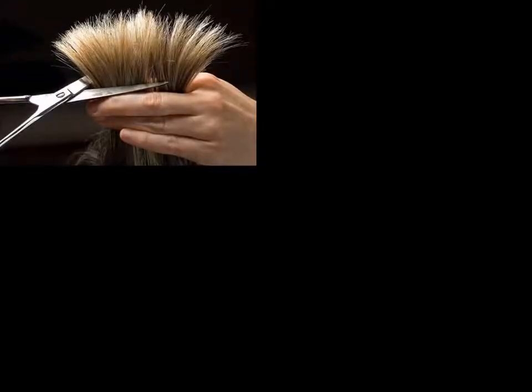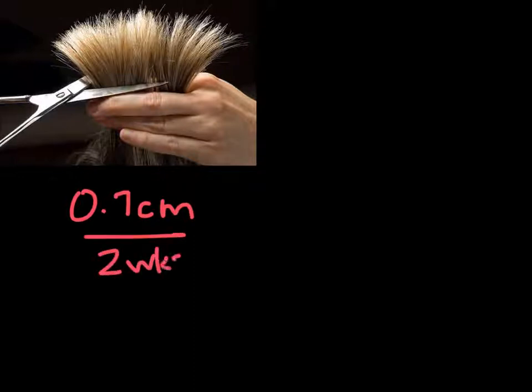Human hair grows about 0.7 centimeters in 2 weeks. How long does it take hair to grow 14 centimeters? So now we've just set up our ratios, and now we're going to use the cross products property to solve for x.